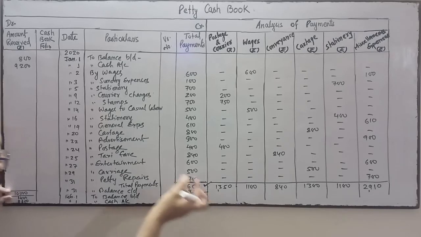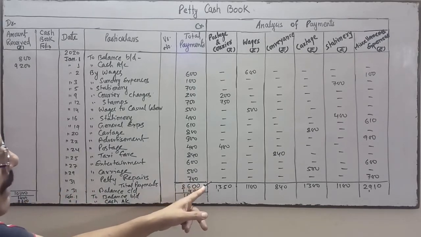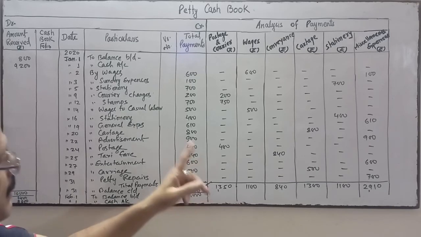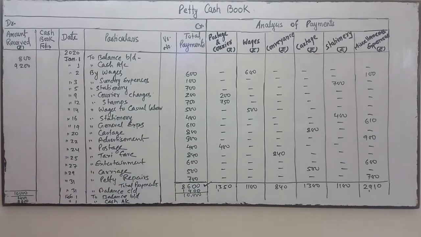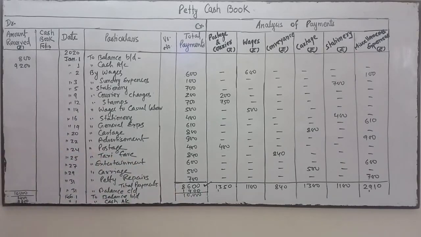This balance will be brought down on the first day of the next month, February 1st, as balance b/d. The petty cashier will take the amount spent from the head cashier, or the head cashier will reimburse that amount to the petty cashier, so that the imprest money again reaches 10,000. Then the petty cashier starts payments in the next month, same as before.